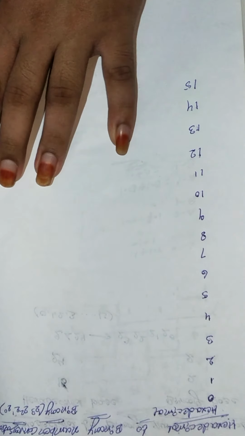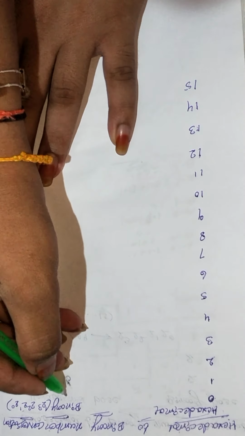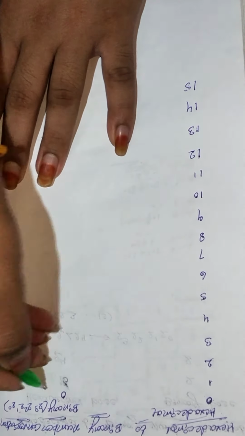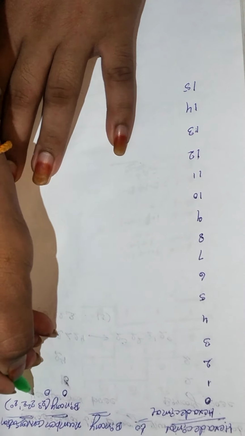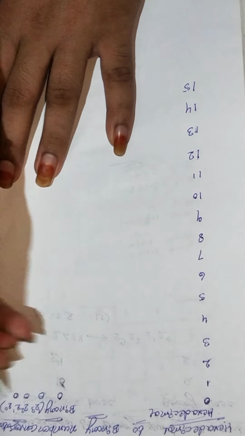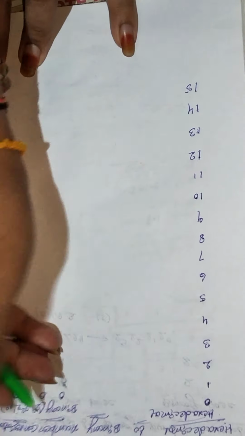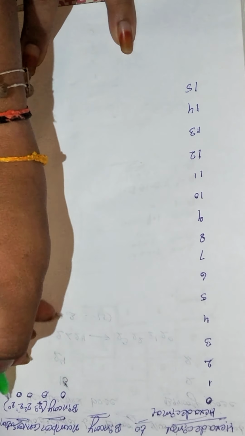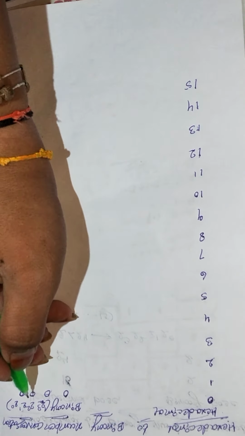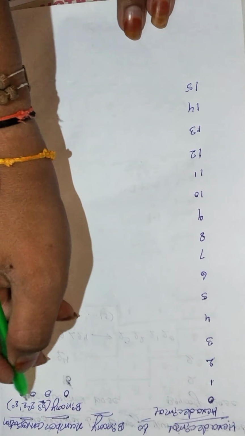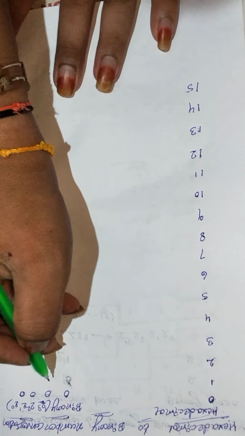Zero has no value, therefore 0, 0, 0, 0. Here binary consists of 4 powers: 2 power 0, 2 power 1, 2 square, 2 cube.